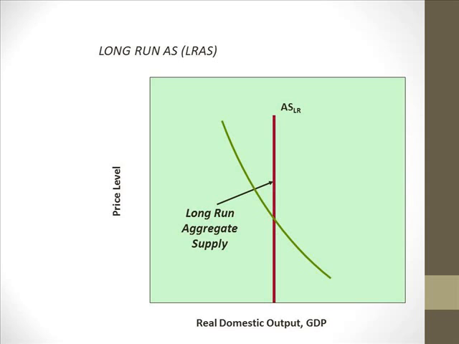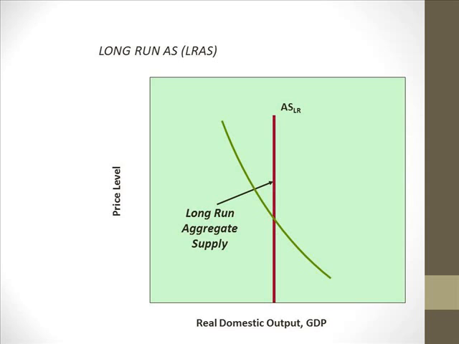The long run means that real output does not change based on price level. Say that again. Real output does not change based on price level. And the graph visualizes that. Output, GDP, is the same quantity no matter where you are on the y-axis. So what this means is the long run is not a specific time frame.